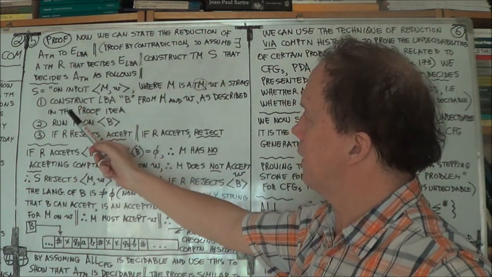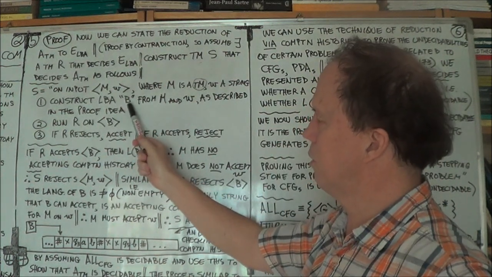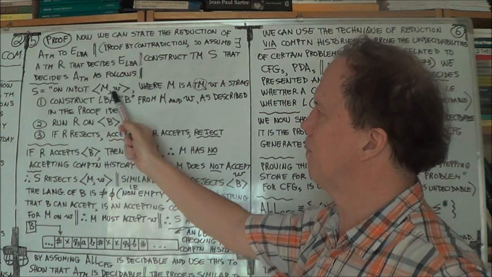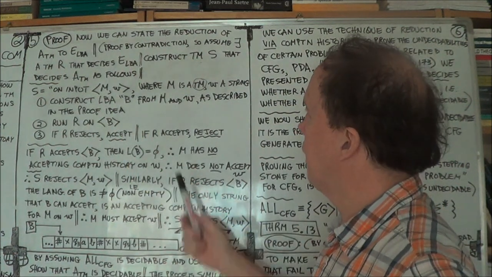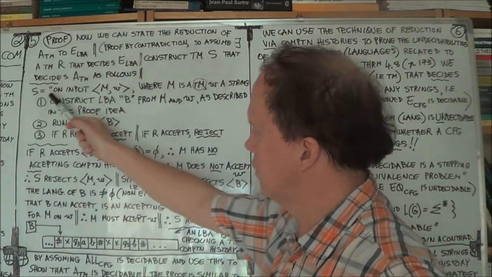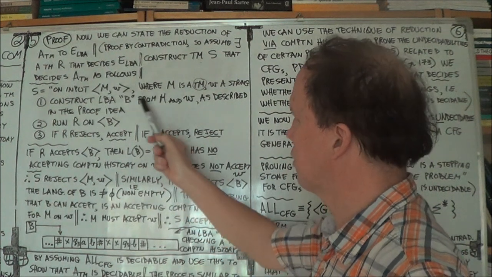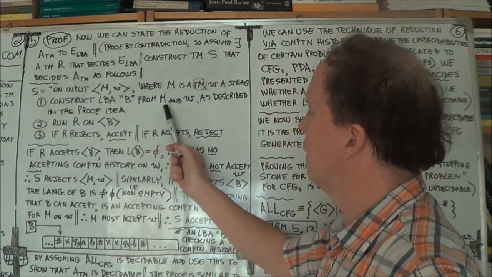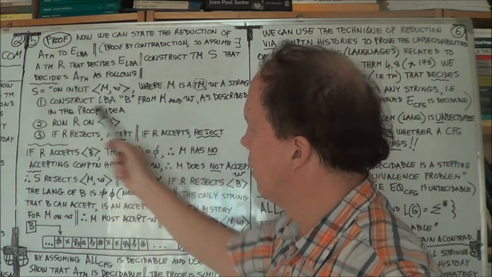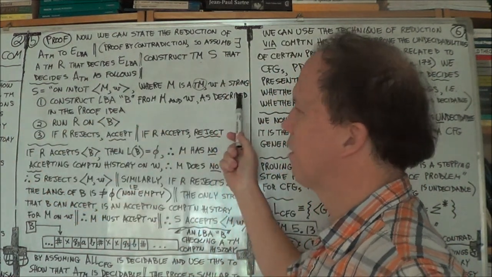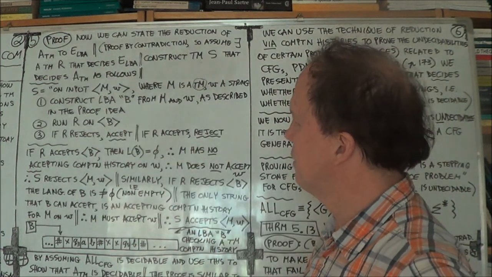So S, the Turing machine, will construct a small machine B, an LBA type. Turing machine S can extract from this input the information concerning M and W, glossing over it, as described in the proof idea sessions.